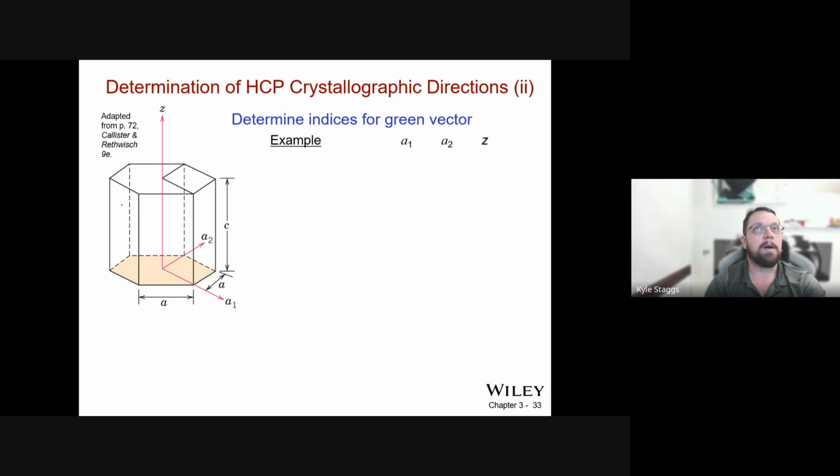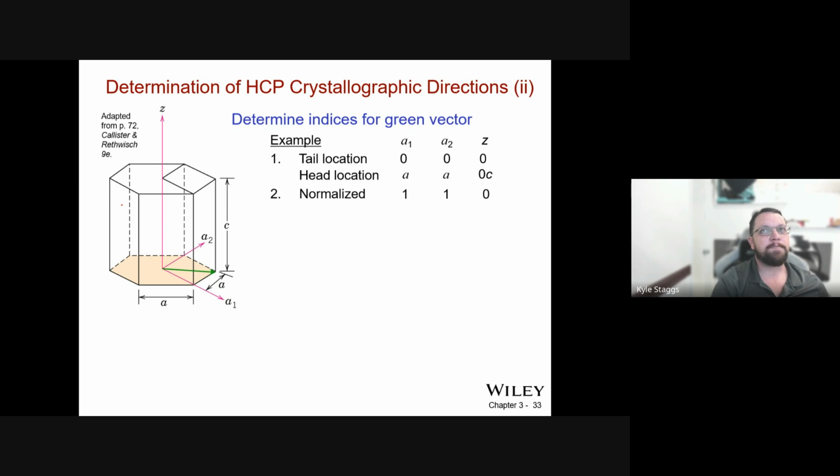So what's all that gibberish mean exactly? We start with a vector. In this case, we've got an A1, an A2, and a Z. We don't have an A3 component. We just have A1 and A2. We're just focusing on those two. So the tail location is at 0, 0, 0.